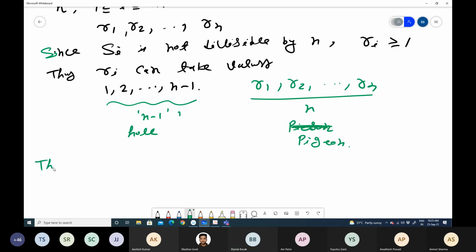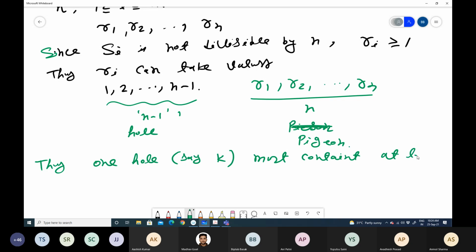Thus one hole, say k, must contain at least 2 pigeons, say Ri and Rj, where i is less than j.